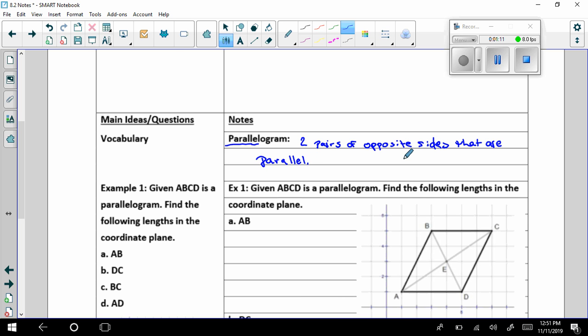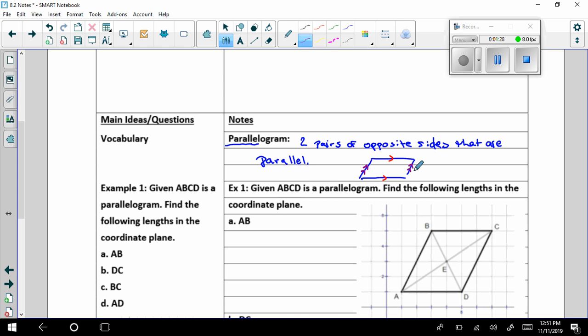Remembering opposite means across from, not touching. For example, this would be parallel to this, while this is parallel to this.